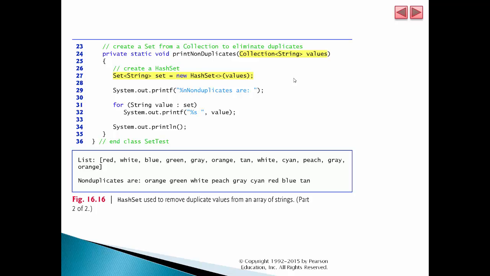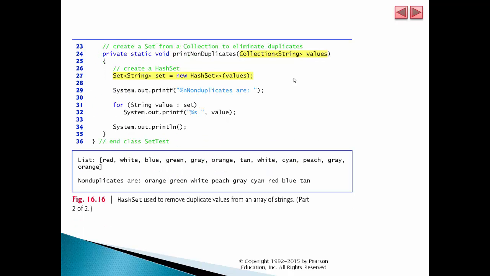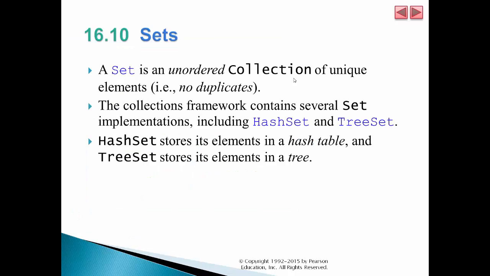And once you override this equals method for a particular class and then pass this class to a hash set, the hash set can figure this out for you. Sorry, not the hash set, the tree set.